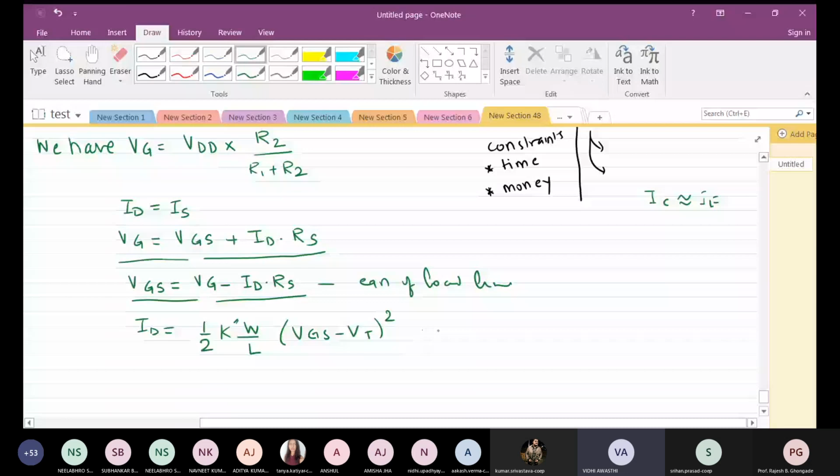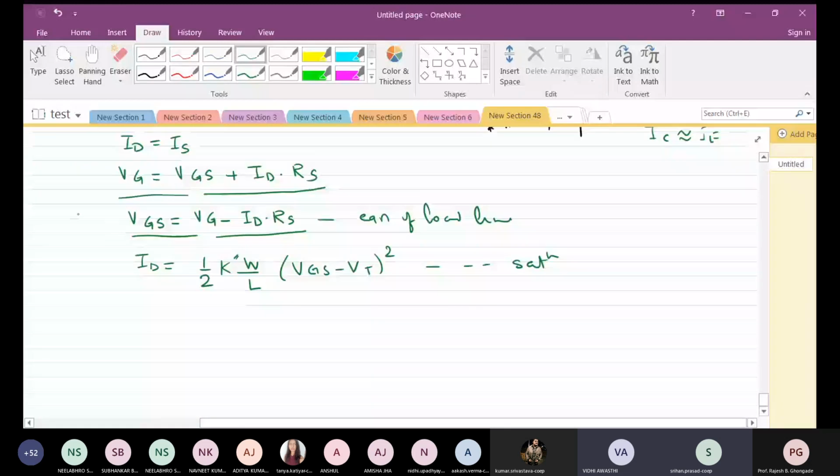Please remember we are interested only in the saturation region. So if this is equation number 1, this is equation number 2. In order to find out the Q point, what do I have to do? I have to solve these two equations simultaneously. Got it?